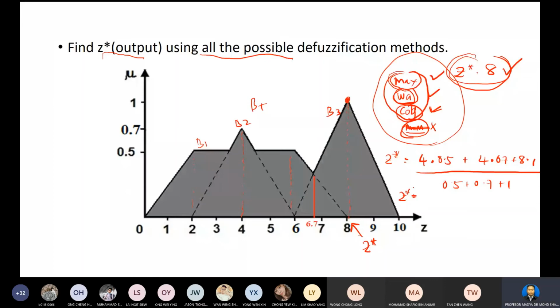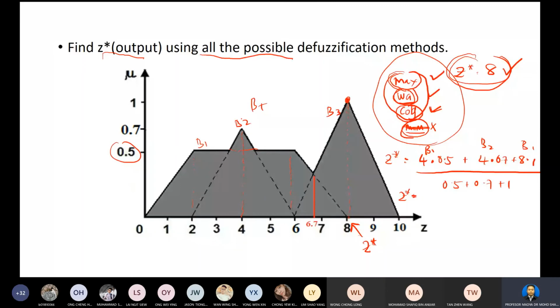So we have this one, for example, we call B1, this one B2, and this one B3. For B1 the center is 4 multiplied by 0.5, for the membership value. For B2, the center is 4 multiplied by 0.7.